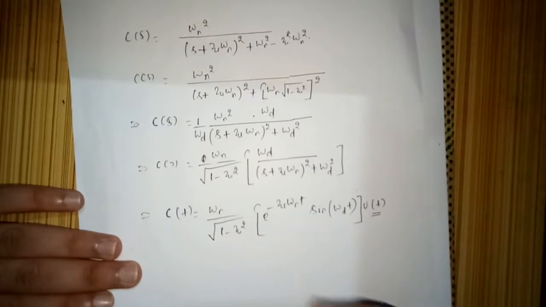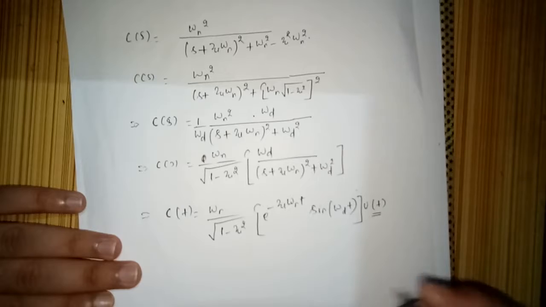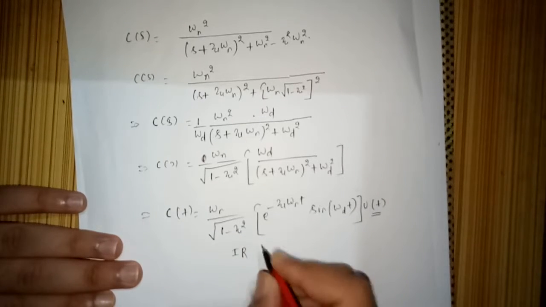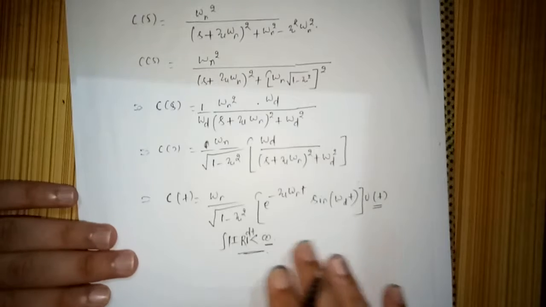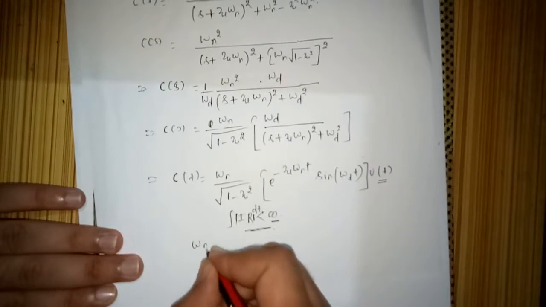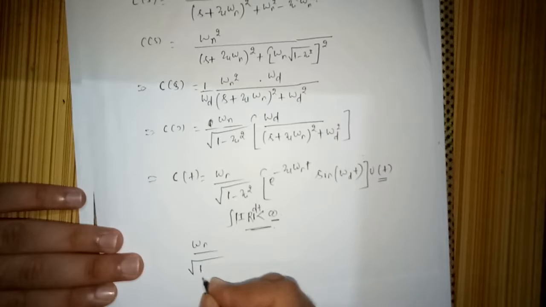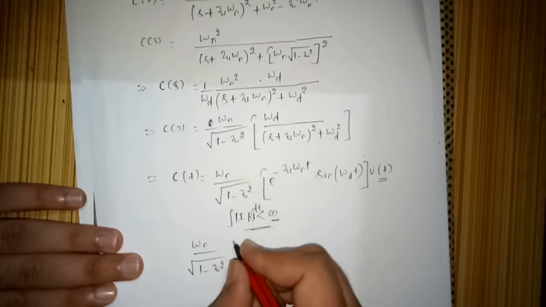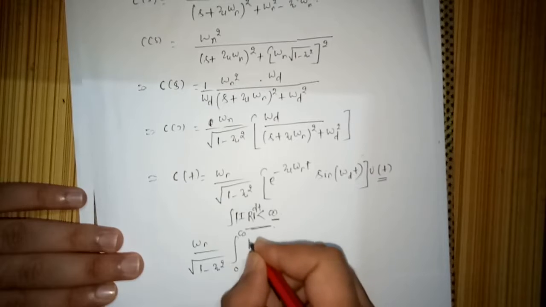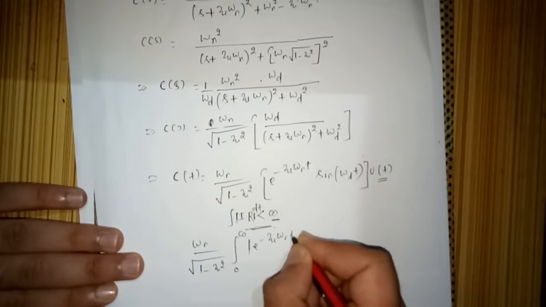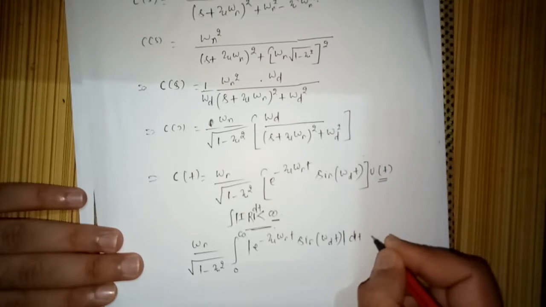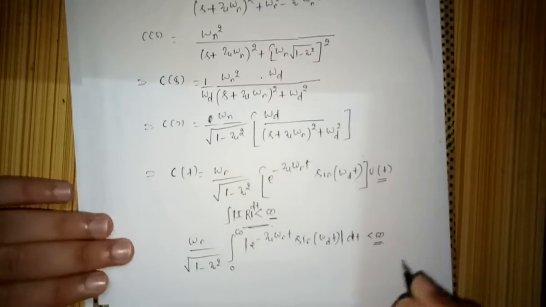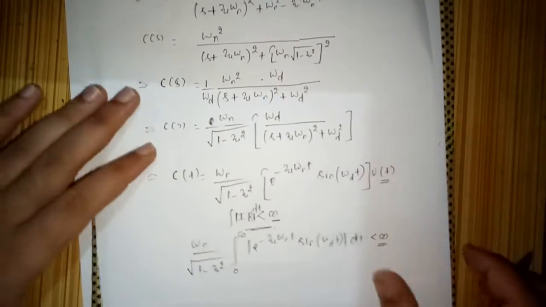So we know from our first order system that the integral of the impulse response must be less than infinity. This condition we know. So from here we get omega n upon under root 1 minus zeta square, integral from 0 to infinity of e to the power minus zeta omega n t sine omega d t dt, and it should be less than infinity, and in fact it is going to be less than infinity.